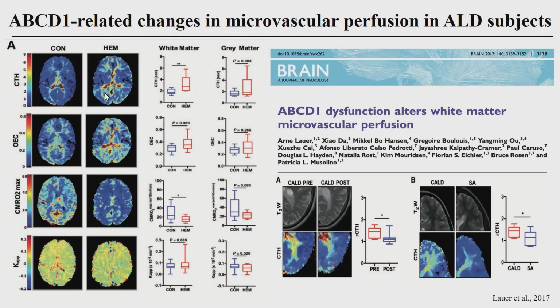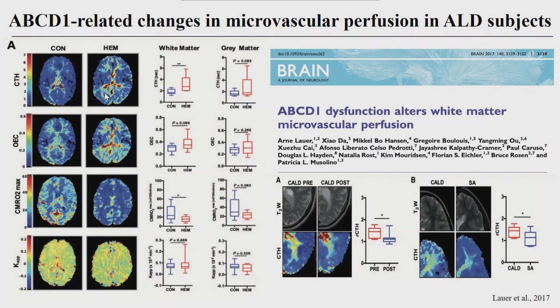On the far right, you have pre and post hematopoietic stem cell transplant in a patient with CALD, which is the fatal version of ALD in boys. After treatment, the microvascular perfusion abnormalities improved in these patients.